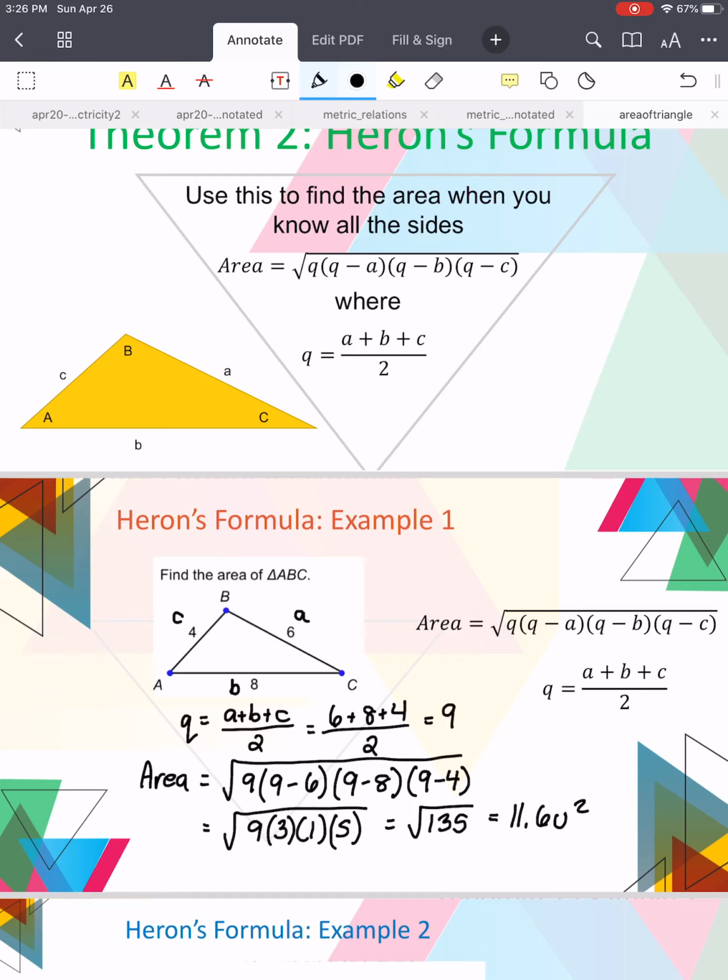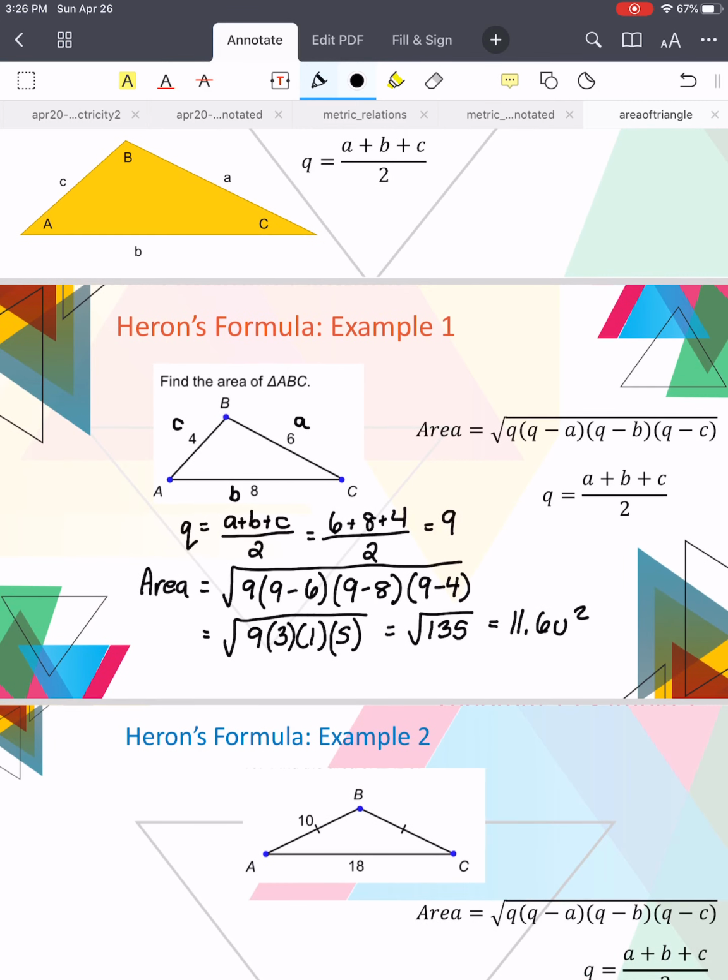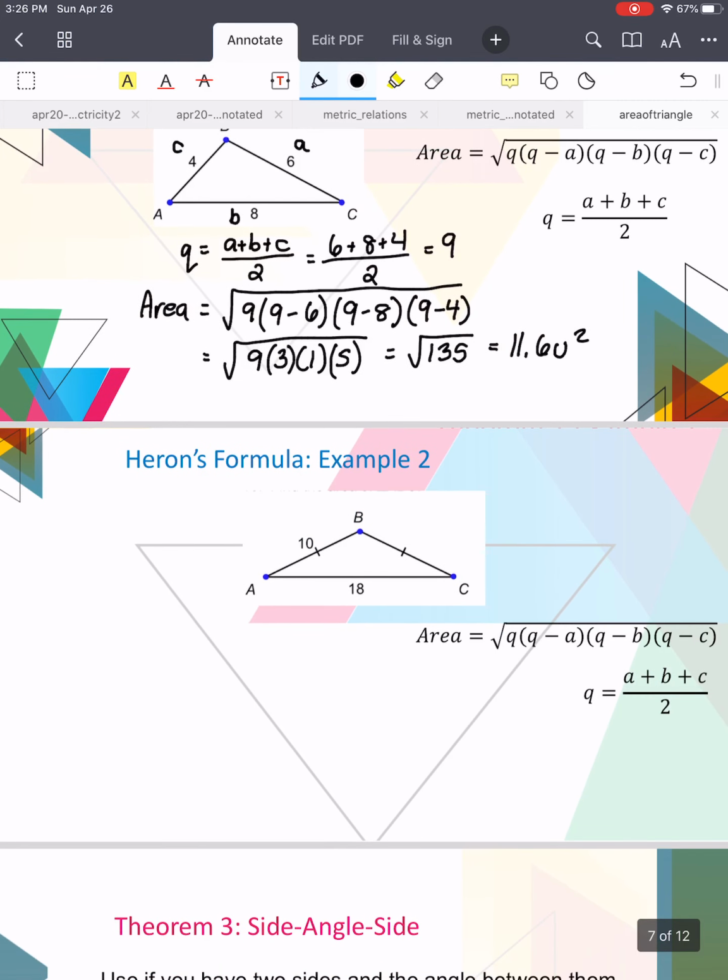Why don't we do one more example of that just so that we feel good and confident. Here's another example. Again, find the area of triangle ABC. For some reason that part of the question was cut off. Here's side A, B, and C. It looks from first glance that we're only given 2 sides, but we're also told that these 2 sides are even.